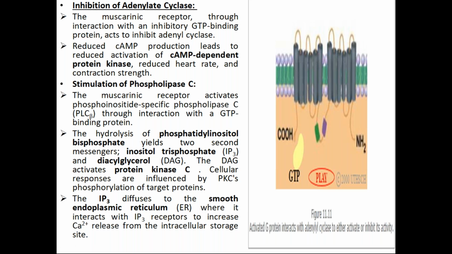Whatever we have studied, activation, G alpha, Gs, Gi. So what is the role of this muscarinic receptor? What will be the inside action? Tell me if you have understood this. Inhibition of adenylyl cyclase. Just from this word, what did you understand?